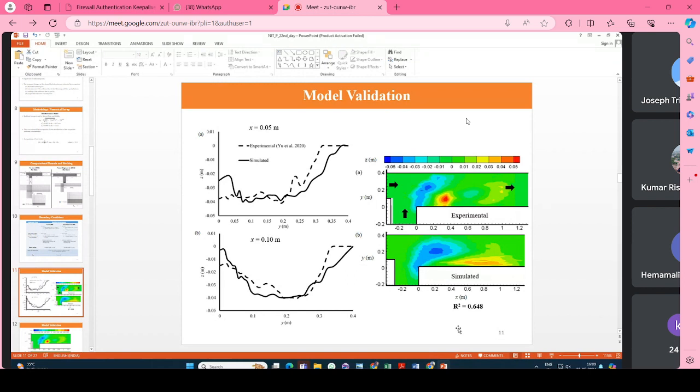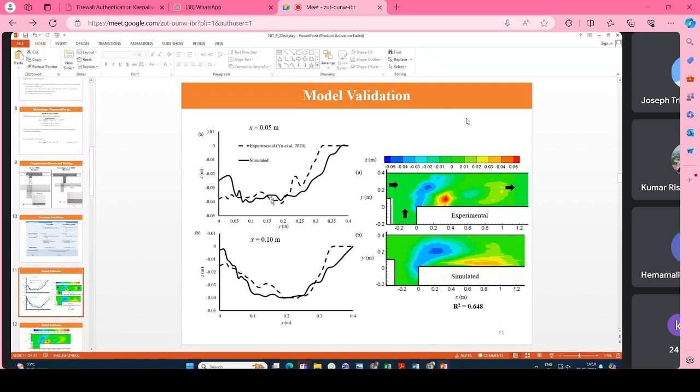So now the question is, the comparison was using the contour map. For better representation, I have taken the bed elevation values at two different cross sections, located downstream of the junction at 0.05 meter and 0.10 meter, and you see here the comparison of bed elevations with experimental data.